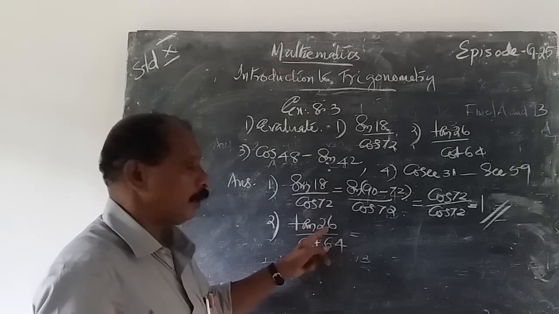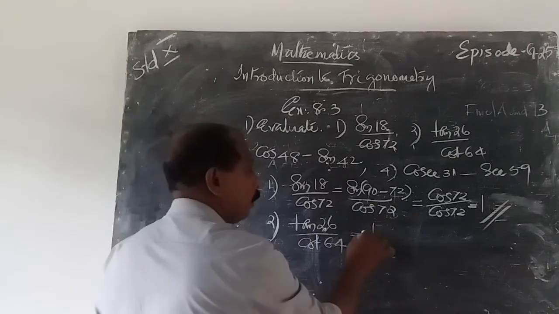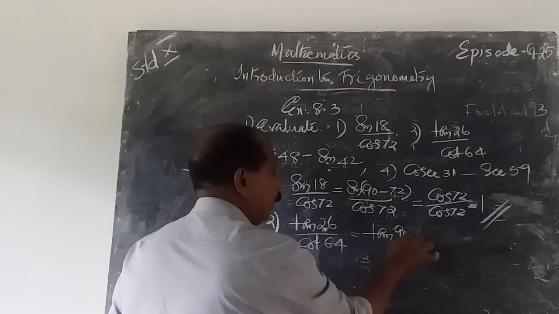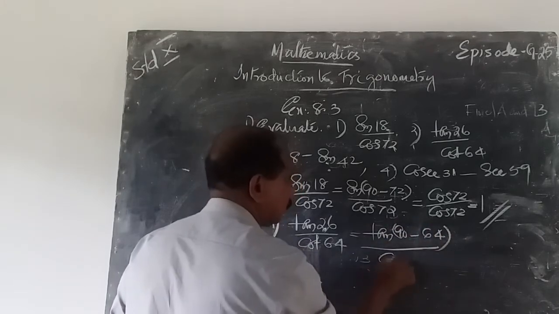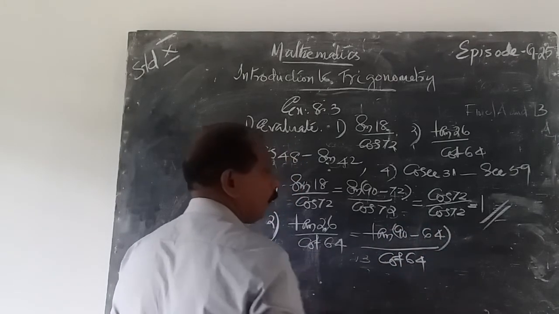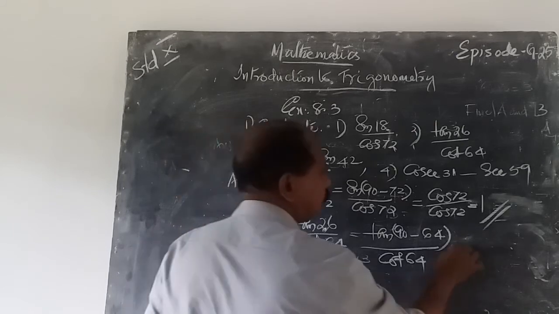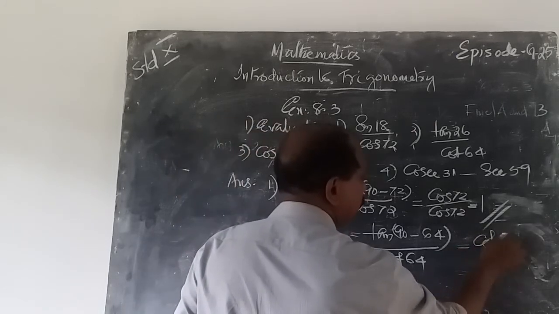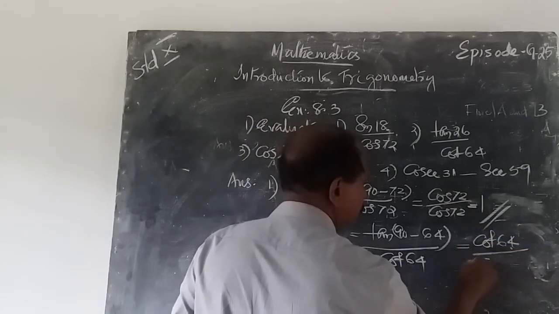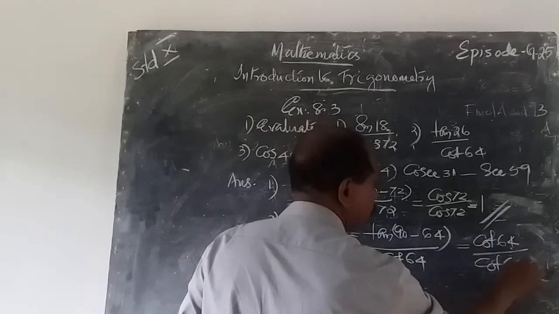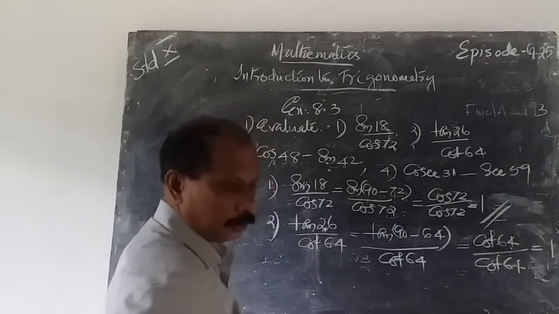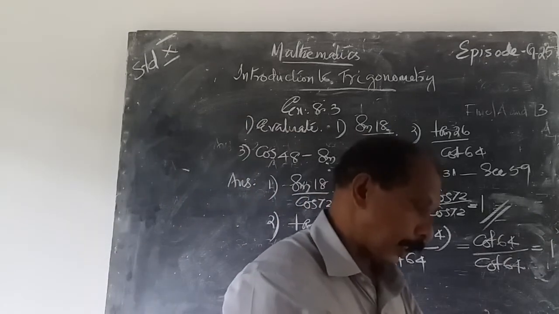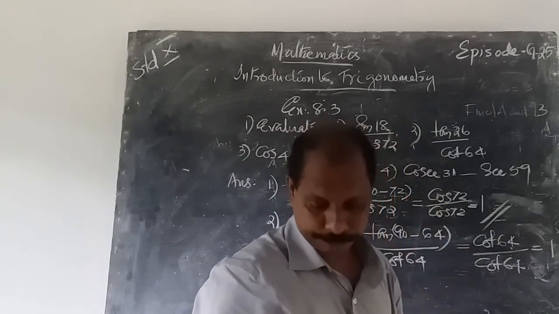Therefore, tan 26 is replaced by tan 90 minus 64, by cot 64. Tan 90 minus theta is cot theta. That is cot 64 by cot 64. Any number by that number is 1. Therefore, this is the answer of the second question.